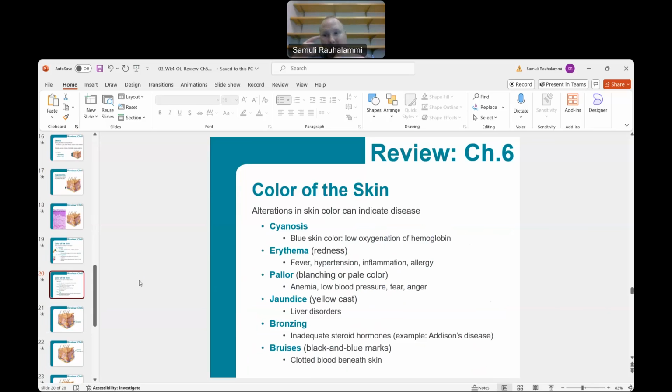Also importantly, we see that the eye whites tend to turn yellow in patients who are navigating jaundice and major liver issues. We do have others like bronzing that can tell us about the hormone levels. Bruises obviously are bleeding underneath the skin, so you see the blood pooling there, and then that healing process gives the distinct colors at different stages of the healing of a bruise.